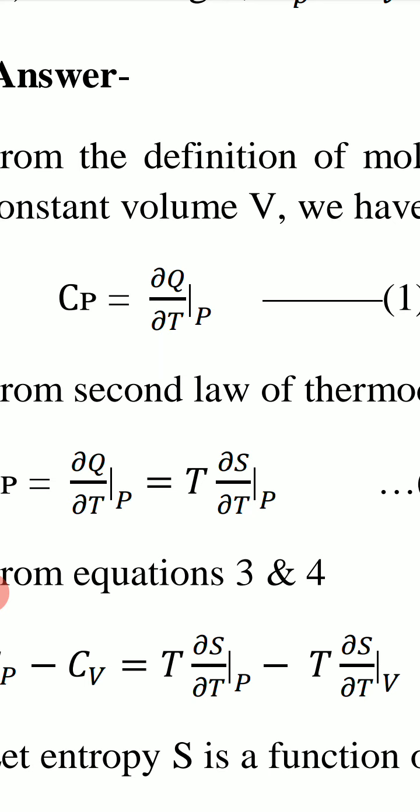It is from the definition of specific heat, which comes from the relation dq equal to mc dt, where we write C as small c, and that is specific heat.